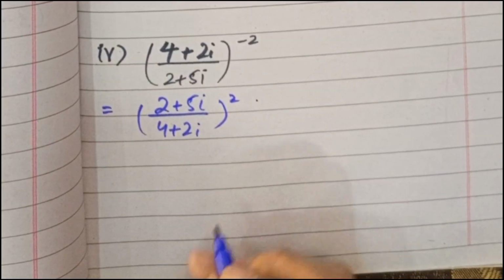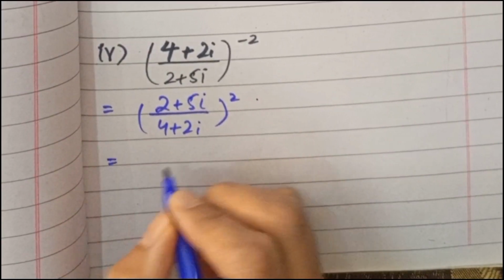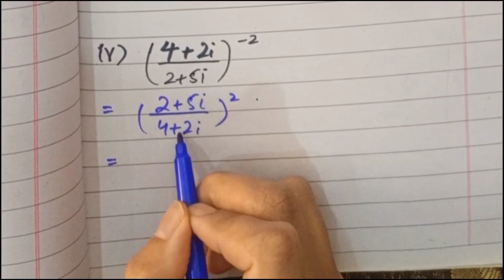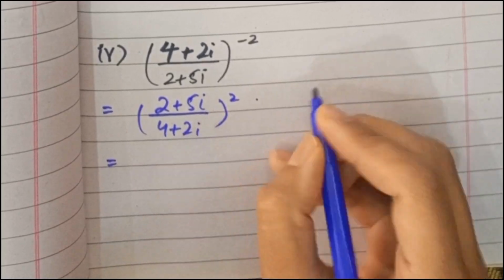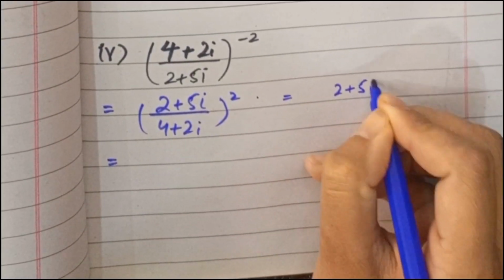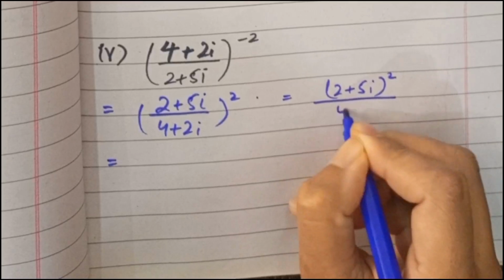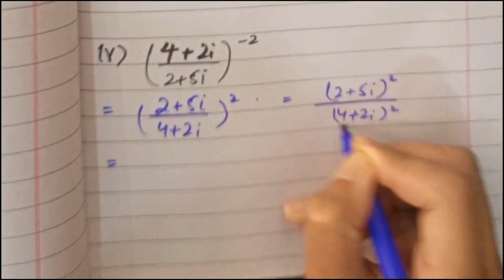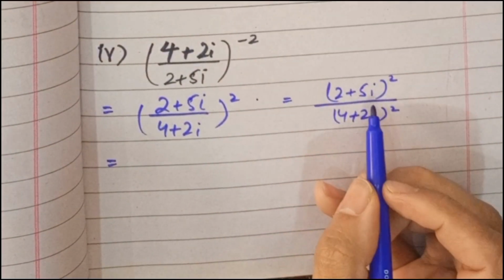Taking the reciprocal makes it positive. Now we will apply this square on these two separately. When we apply it like this, we will open it as a formula of square.